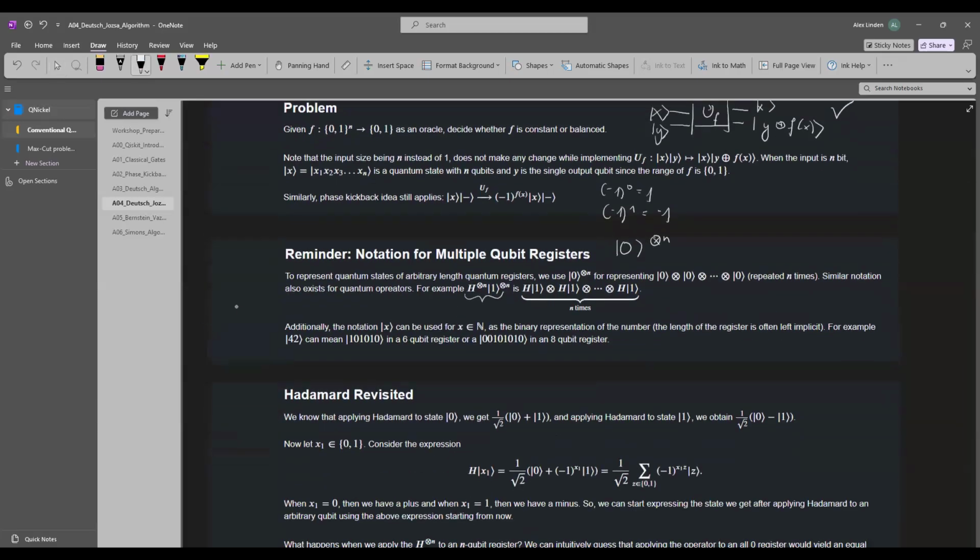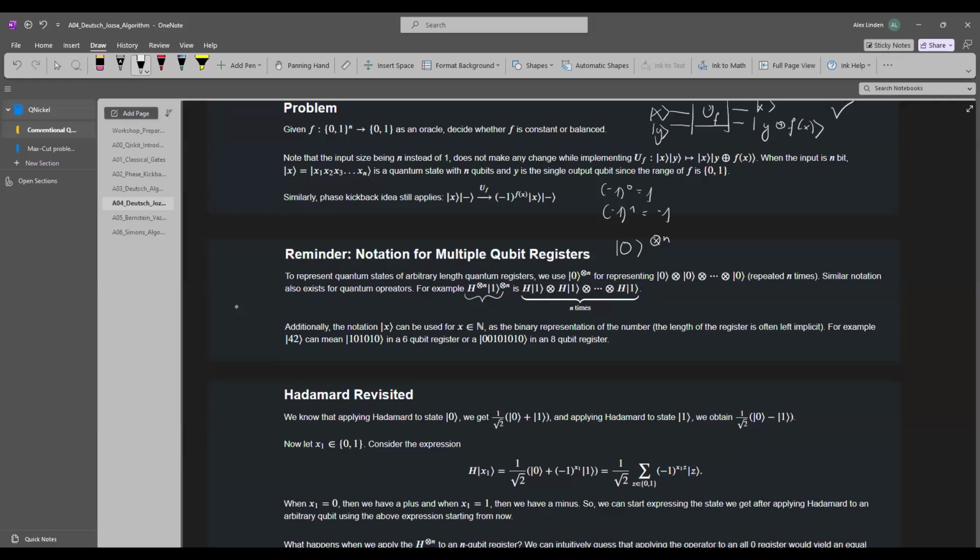Now this is a very strange notation, which is, I would say, not intuitive. But we can use x being in natural numbers as the binary representation of the number. So for example, 42, we need to know what 42 is in binary. Well, fortunately we know.